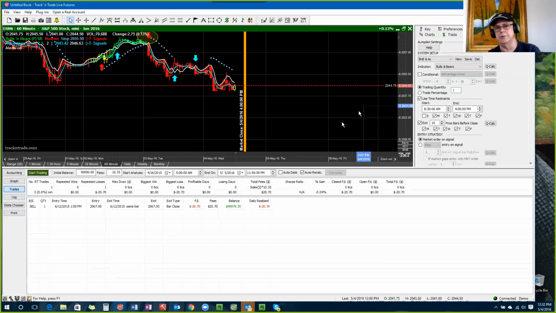So what you want to do is to look at that chart and say, okay, this is what I would like to do, and then set up your autopilot to make it do what you think that you want it to do. All right? Use autopilot as your assistant, not as your trading partner that trades in the blind.